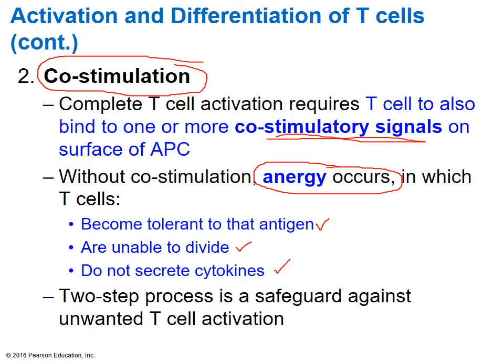Cytokines are chemical messengers that can be used to amplify the signal as well as recruit additional immune cells over to the site of injury. So you need this two-step process of antigen detection and co-stimulation to make sure that you are properly activating your T cells, and that of course will limit our chances of developing a cross-reaction or an autoimmune disease.